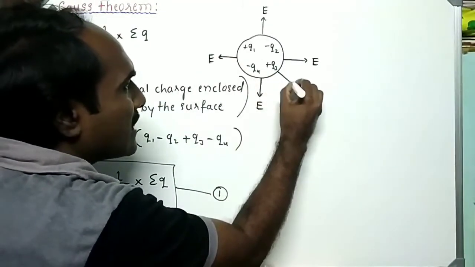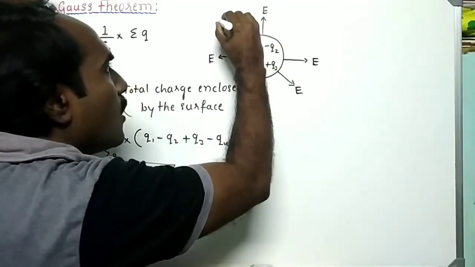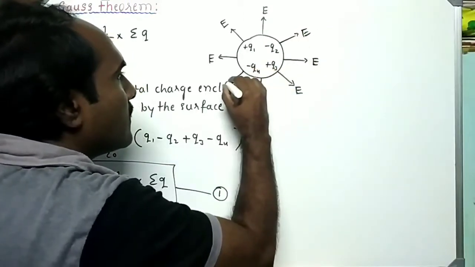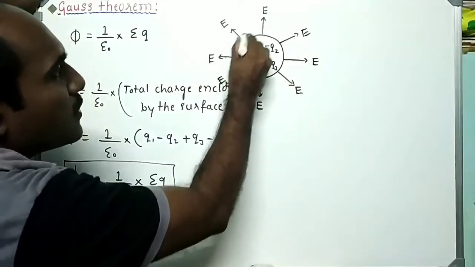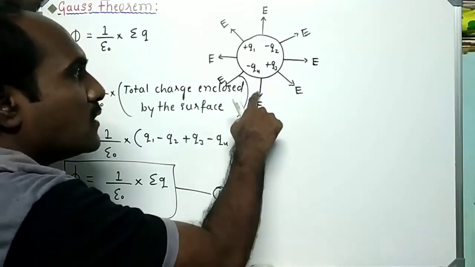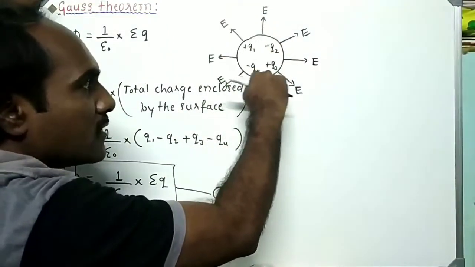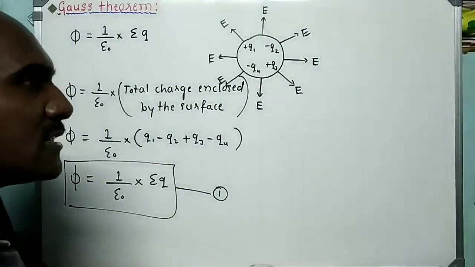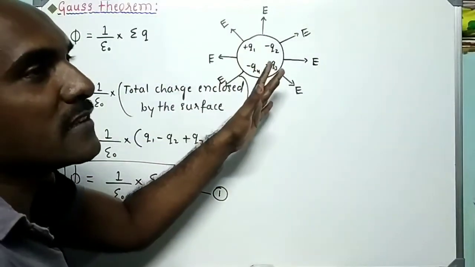At all points electric field is E only, and this field is acting normal to the surface. At all points on this sphere, electric intensity, electric field is same, that is E, and this field is acting normally to the surface of the conductor. If these two conditions are satisfied, then such surfaces are known as Gaussian surfaces.